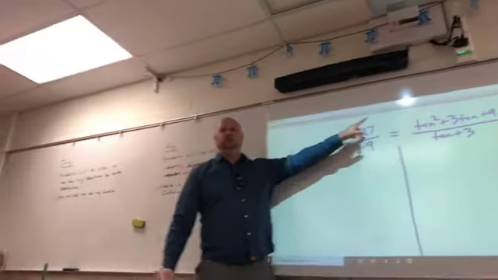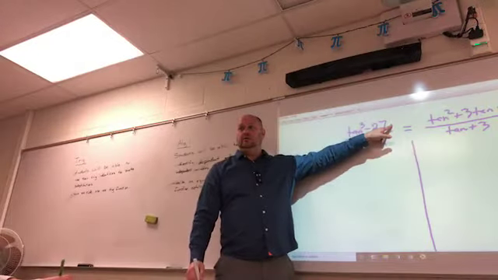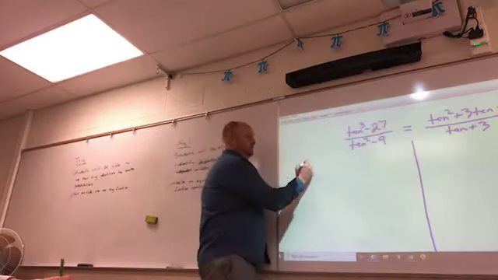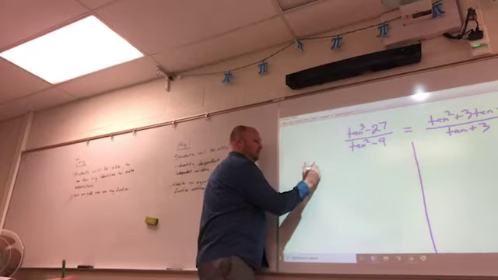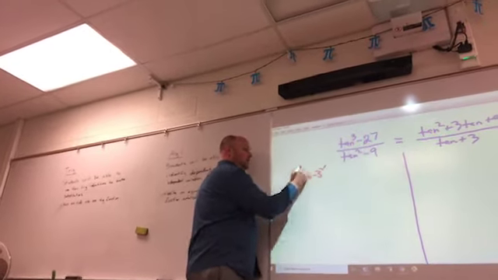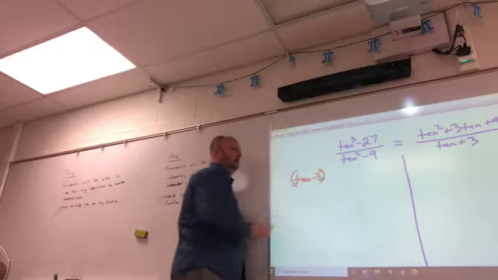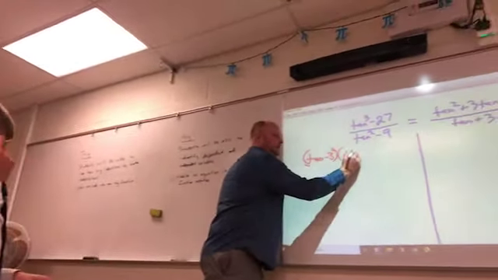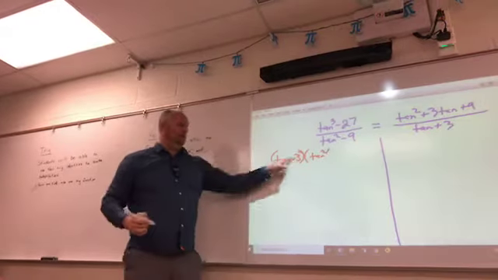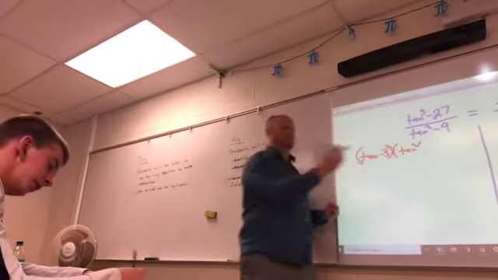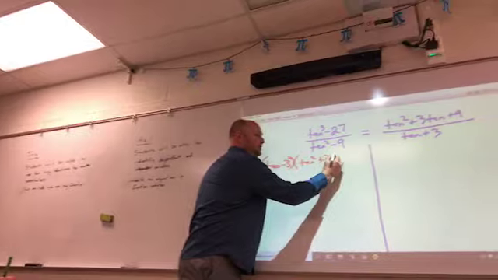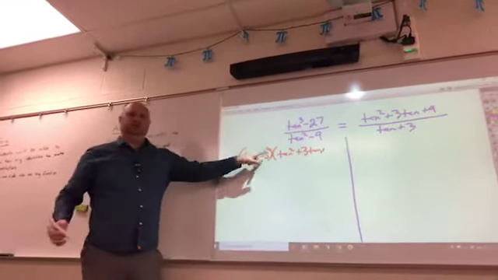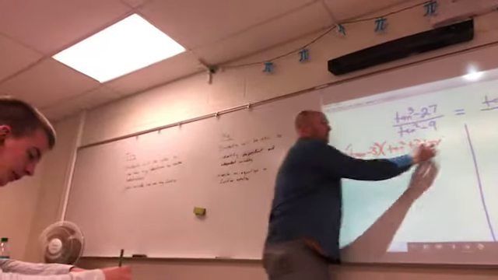That's a difference of two cubes. So it'd be tangent minus 3, right? What's the first one squared? Tangent squared. Opposite the product, which would be plus 3 tangent. Second one squared would be plus 9.